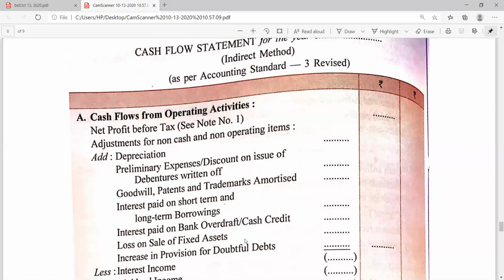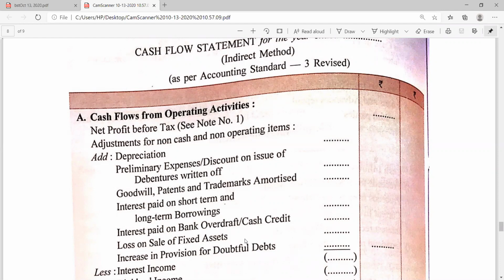Amortized means written off. Whatever part of the goodwill, patent, trademark is to be written off, that amortization of asset is to be added back here. Interest paid on short-term and long-term borrowing, interest paid on bank draft and cash credit, loss on sale of fixed assets, increase in provision for doubtful debt.